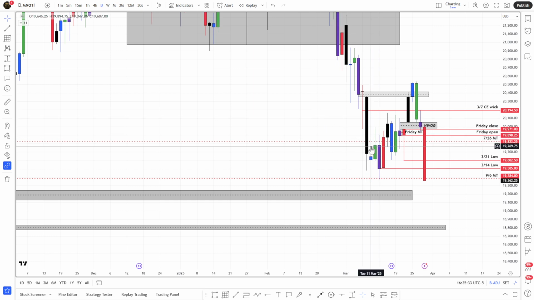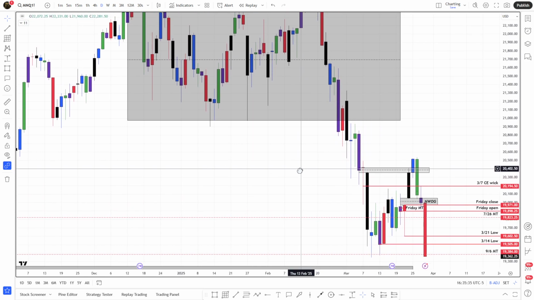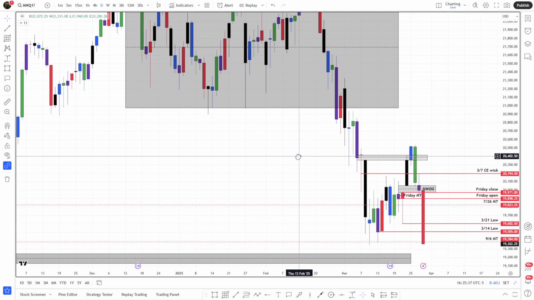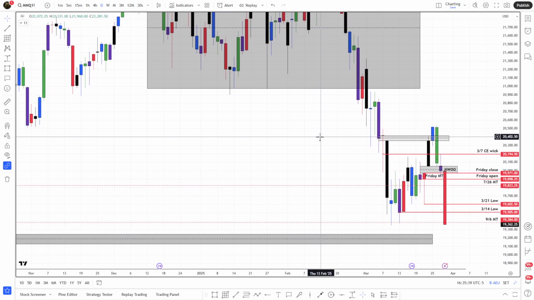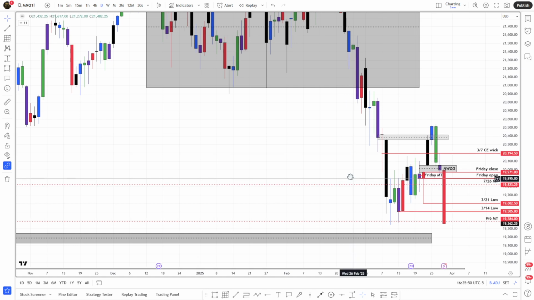I think too, obviously on the daily and shorter time frames, you're going to get more overlapping movement versus when you're looking at higher time frame charts.